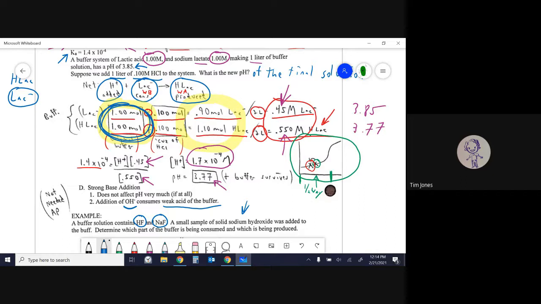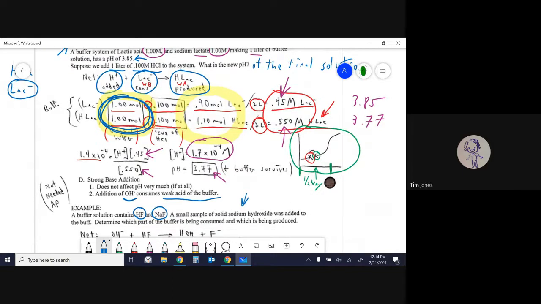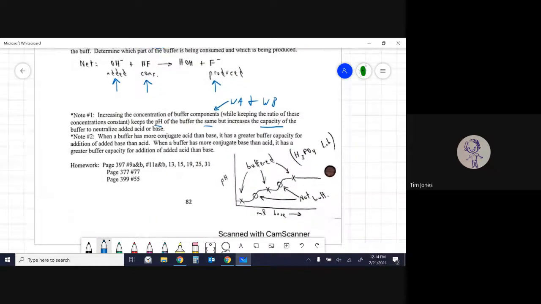If we added more than 1 mole of hydrochloric acid in this example, it would have consumed all of the weak base and you wouldn't have a buffer anymore. So the capacity refers to that, as in how much strong acid or base can be added before the buffer is ruined.